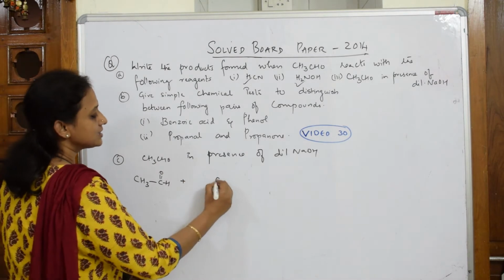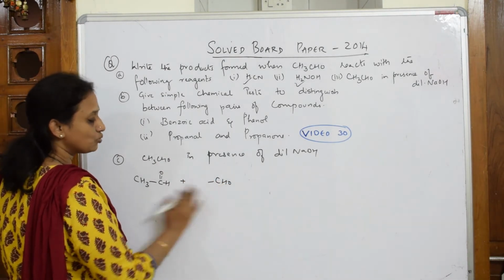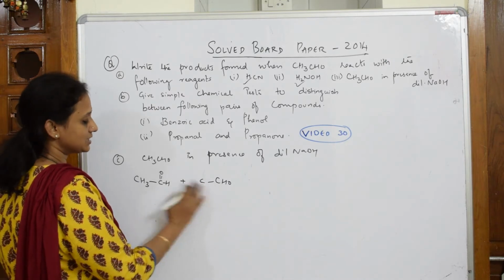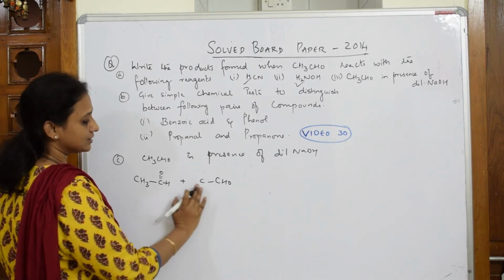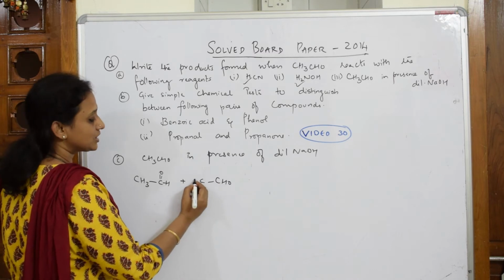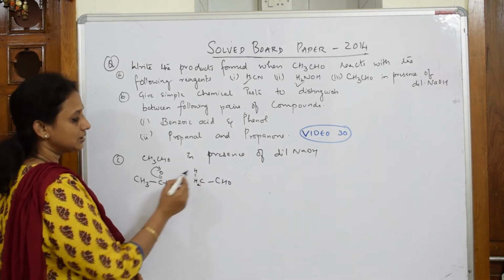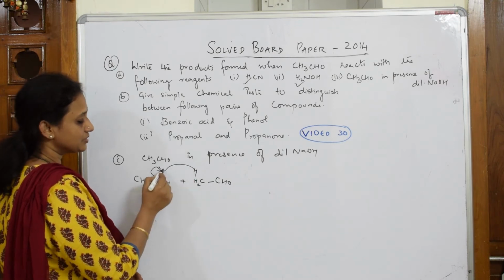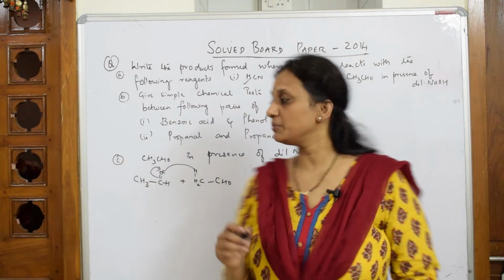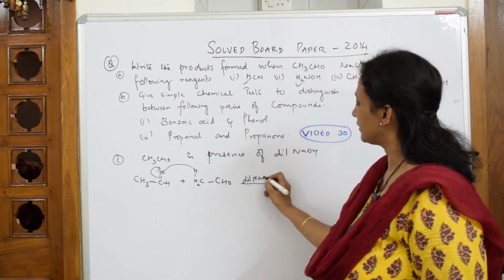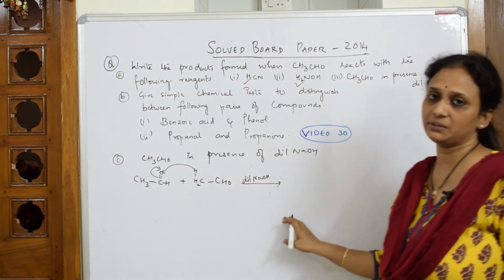Again, CHO. I'm taking two molecules of acetaldehyde. CH3 is here, aldehyde here, CH3 here, aldehyde here. Now shift of bond here. Immediately this hydrogen is going to shift to this molecule, forming an aldol. This whole thing occurs in the presence of dilute sodium hydroxide. If they give you barium hydroxide, write barium hydroxide here.